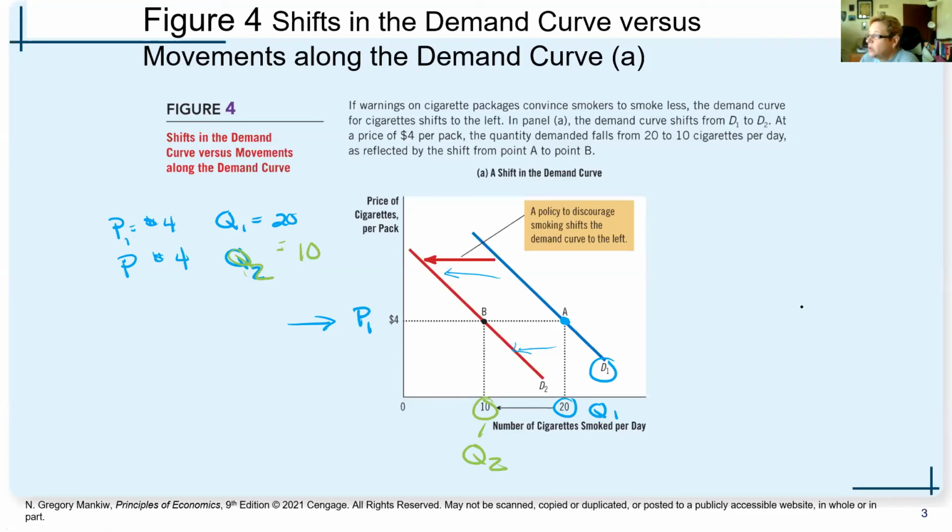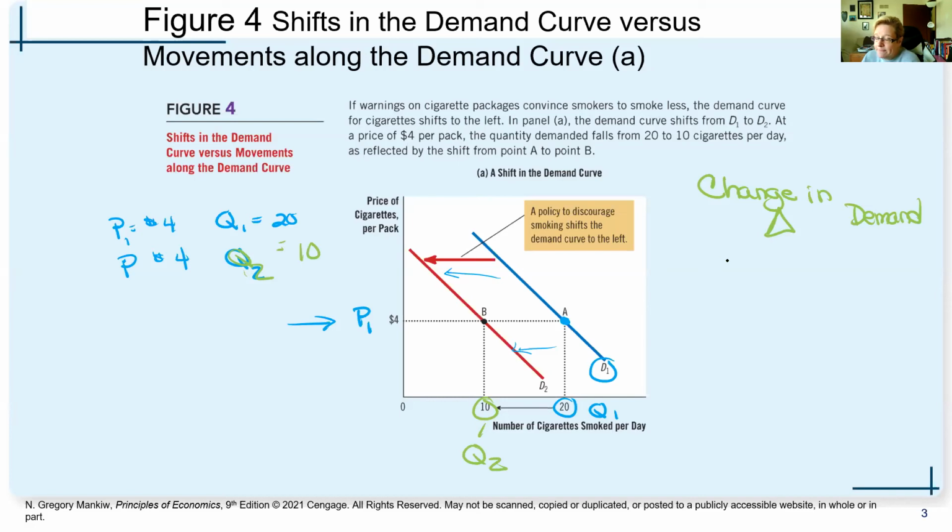So we would call this particular thing, because price didn't change, a change in, or delta, demand. In other words, it made the curve jump either inward or outward, in this case, inward, right? So price isn't a factor here.